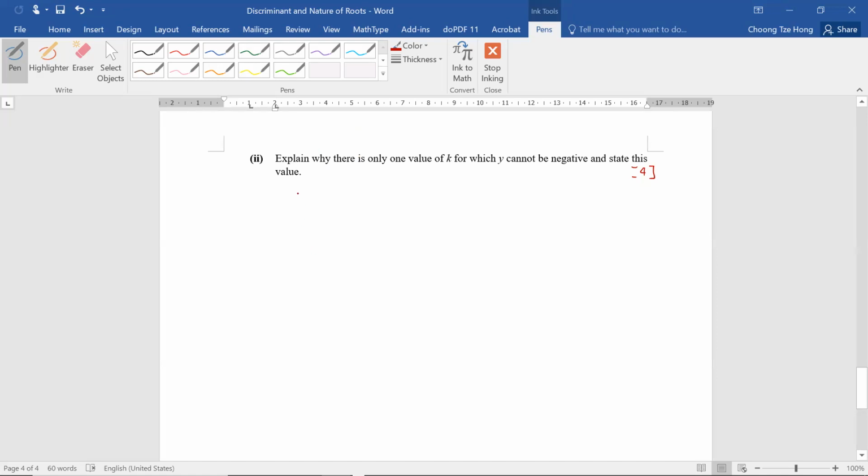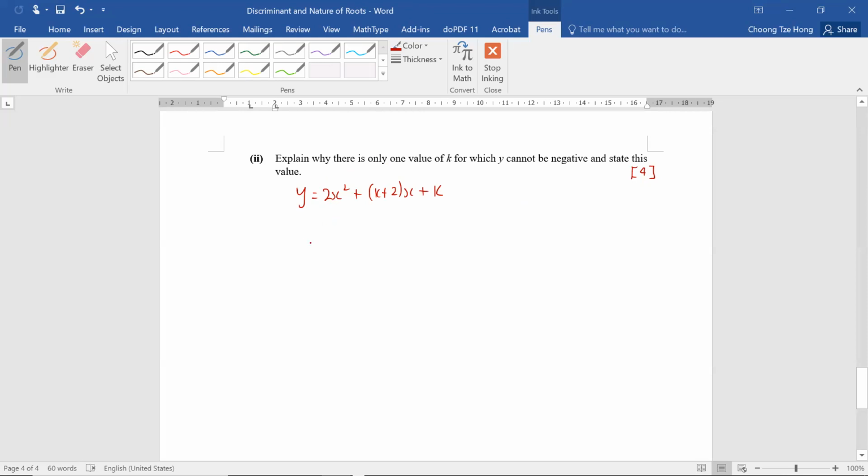So the equation of the curve was originally 2x squared plus (k plus 2)x plus k. So this was the equation of the quadratic curve. Let's read again. Explain why there's only one value of k for which y cannot be negative. Y is the equation of the quadratic curve, right? So explain why it cannot be negative.